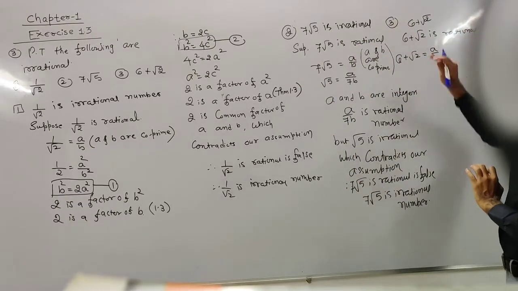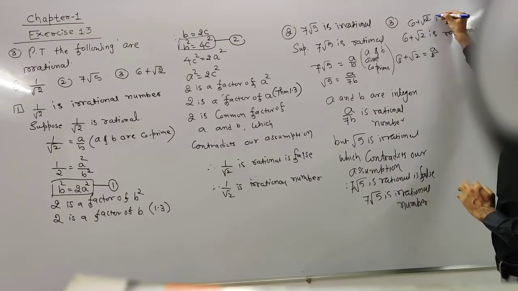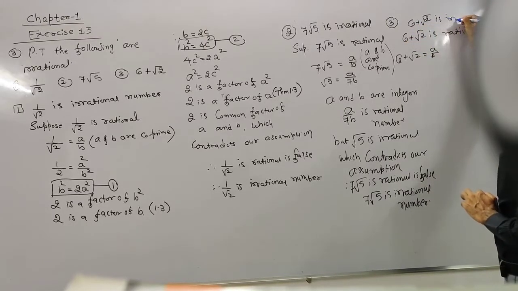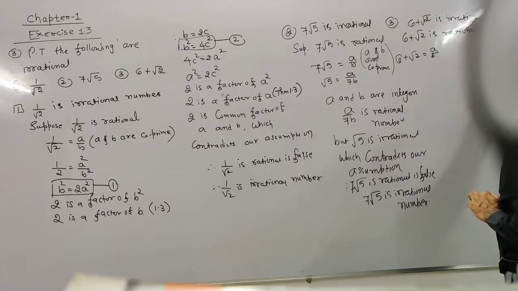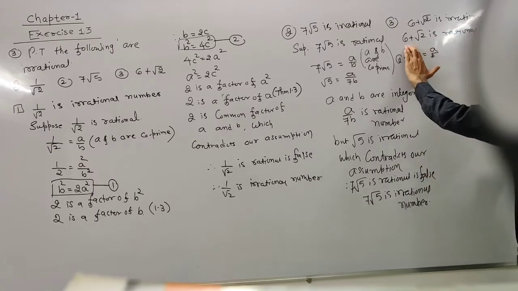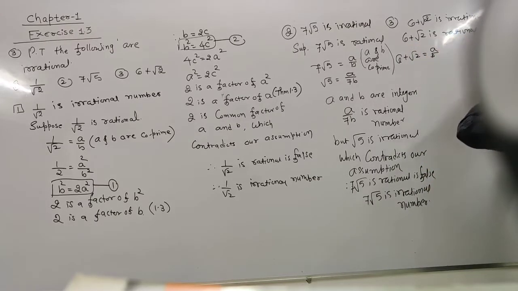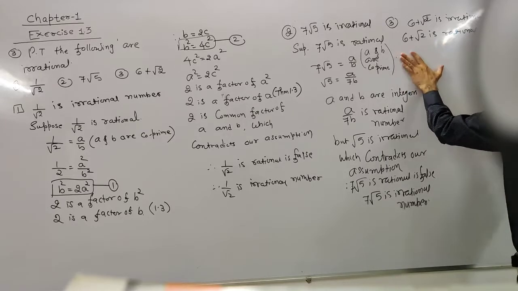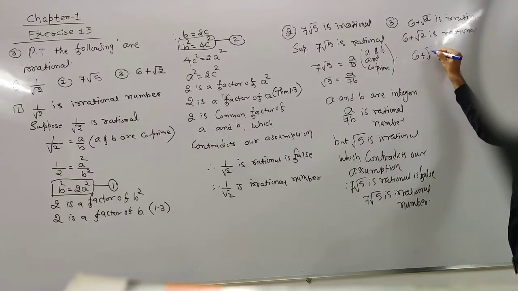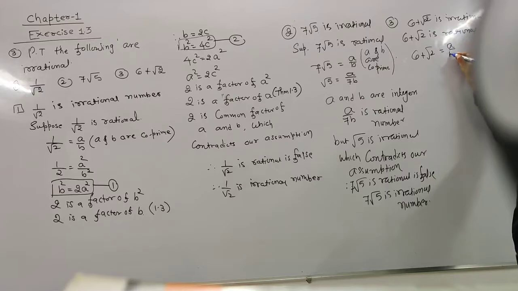Well, let me start third example. 6 plus root 2 is irrational. That you have to prove. Now assume that 6 plus root 2 is a rational number. So you can say 6 plus root 2 is equal to a by b, where a and b are co-primes.